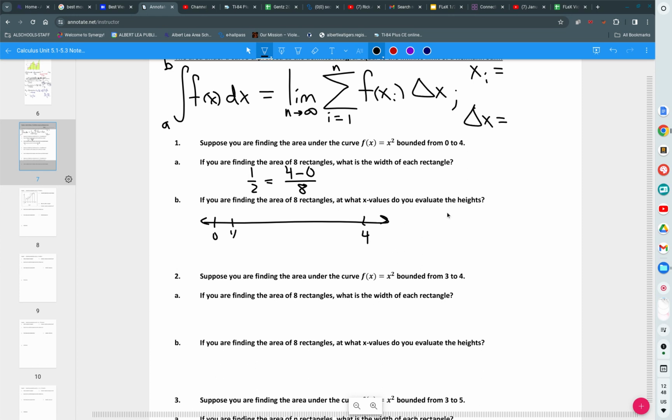You evaluate it at 1/2, and then 1, and then 3/2, and then 2, so on and so forth, right? All the way over until you get to 4. Everybody agreed? Any question there? We learned that the other day. Everybody confident? Okay, let's move along.